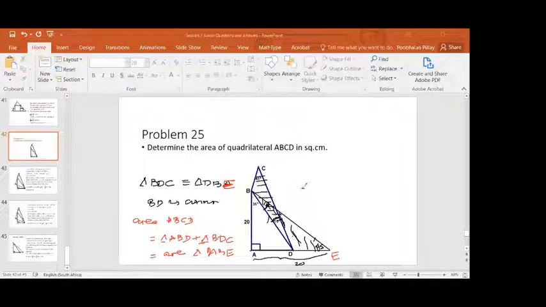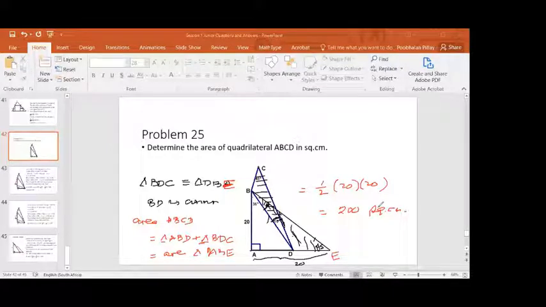And that area is equal to half base times height. The base and the height are the same, as it's isosceles, and the answer is 200. So problem number 25, the area is 200.